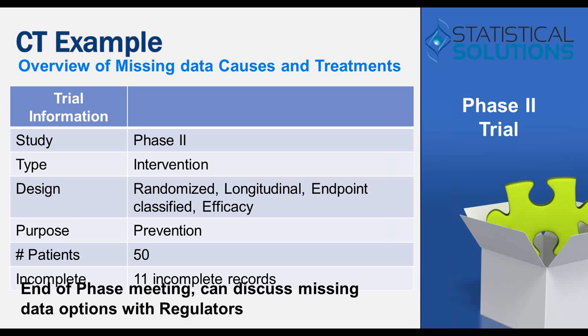So you can run it by the regulatory agencies at the end of phase 2 meeting and let them know, look, we've tried these and we've used exploratory missing data analysis such as the propensity score matching method, and we find it works quite well with the data that we have. We're willing to put this in as the missing data methodology for how to deal with our missing data at the end of phase 3.